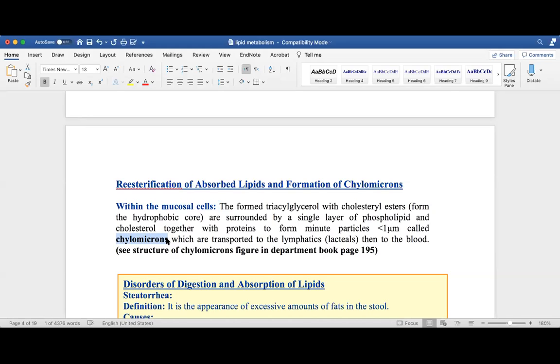What is a chylomicron? It is a spherical particle, like a sphere, containing triglycerides, cholesterol esters, phospholipids, all types of lipids, surrounded by a protein. Why should we make a particle surrounded by a protein? The core is lipid, and outside the core there is a protein to make it water soluble so that it can go to the bloodstream.